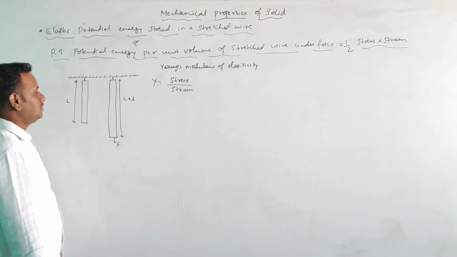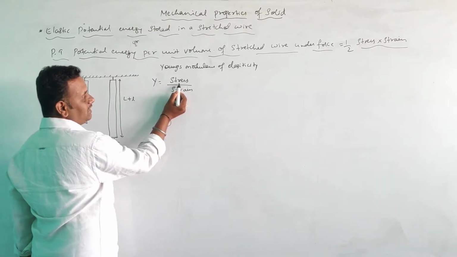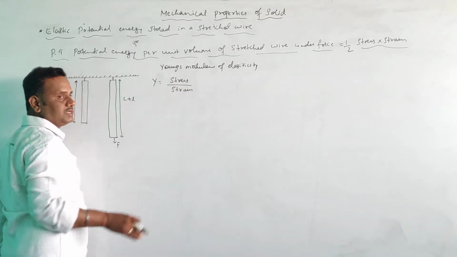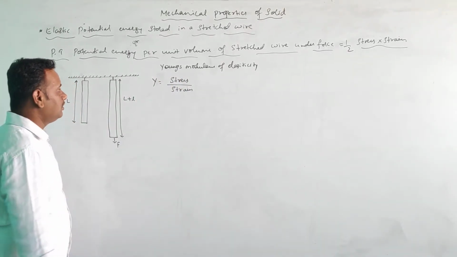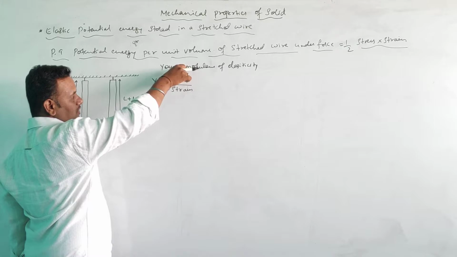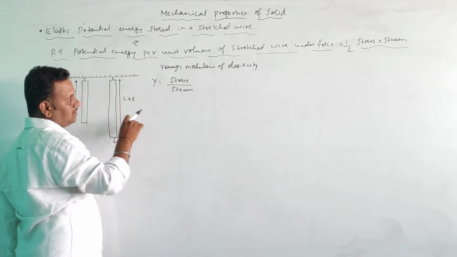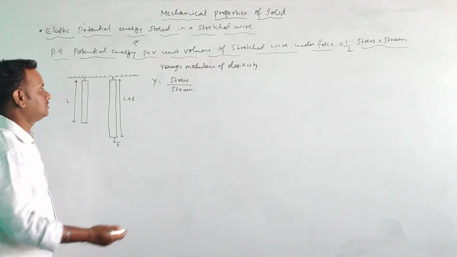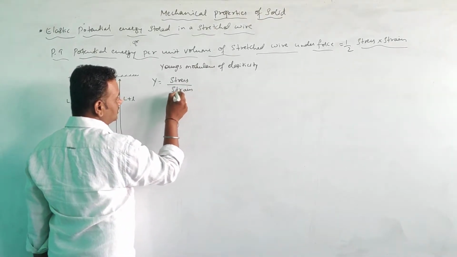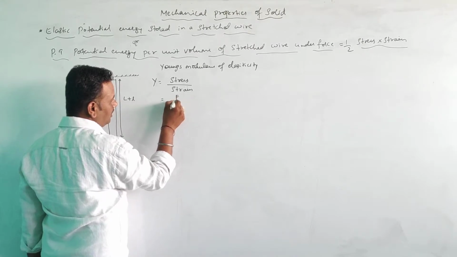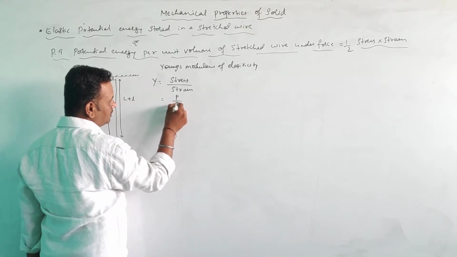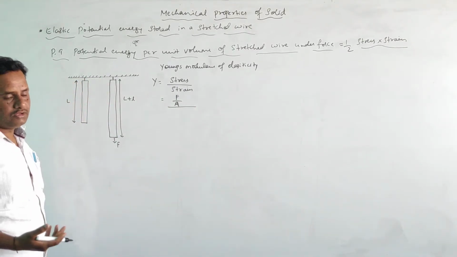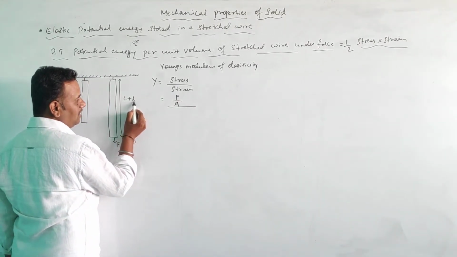Stress means tensile stress is being applied, and strain means longitudinal strain is being produced in the wire. So the stress can be written as F by A, as we know from the definition. Strain means change in length to the original length. What is the change in length here?